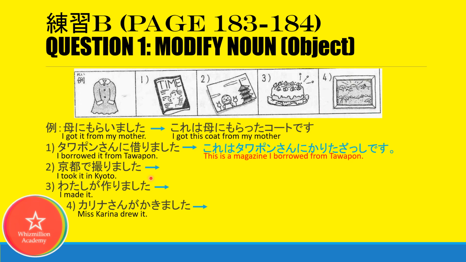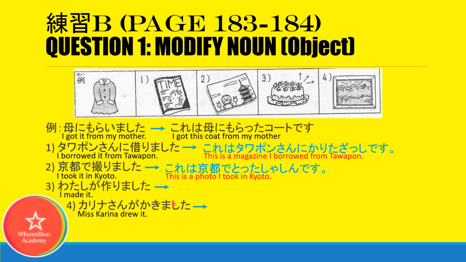Kyoto de torimashita. I took it in Kyoto. A photograph is a shashin. So Kyoto de totta shashin desu. Notice here the noun is modified. This is a photo I took in Kyoto.